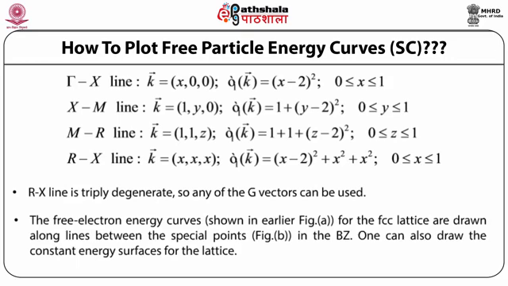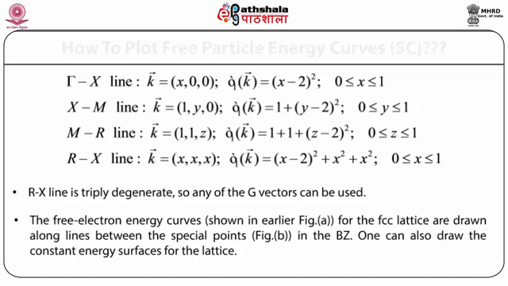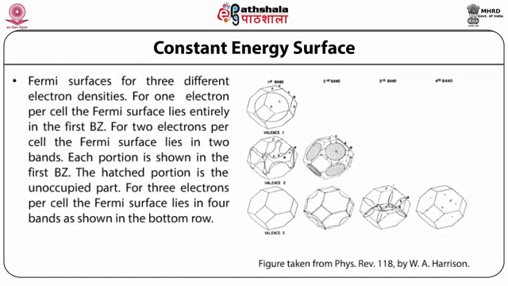The free electron energy curves shown earlier for the FCC lattice are drawn along lines between special points in the Brillouin zone. One can also draw the constant energy surfaces for the lattice. Here we illustrate the constant energy surface for three different electron densities. These are the Fermi surfaces for three different electron densities. For 1 electron per cell, the Fermi surface lies entirely in the first Brillouin zone.